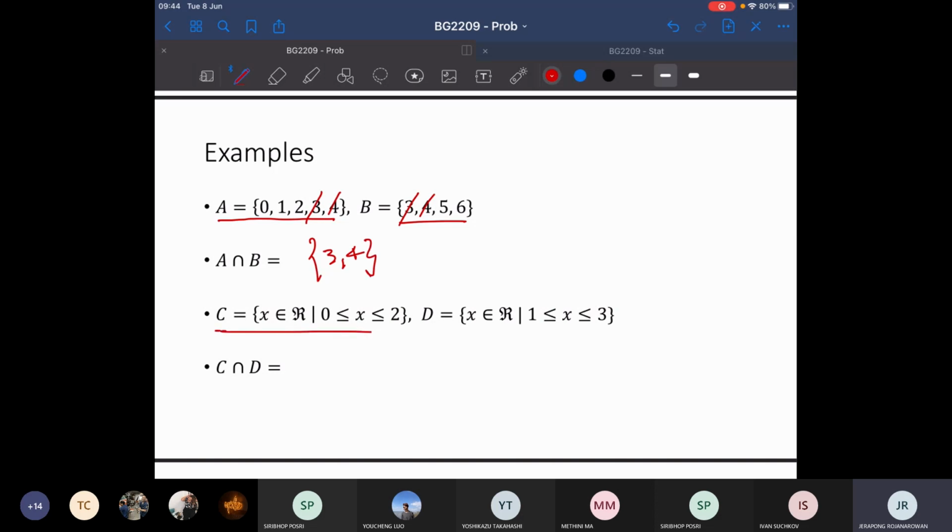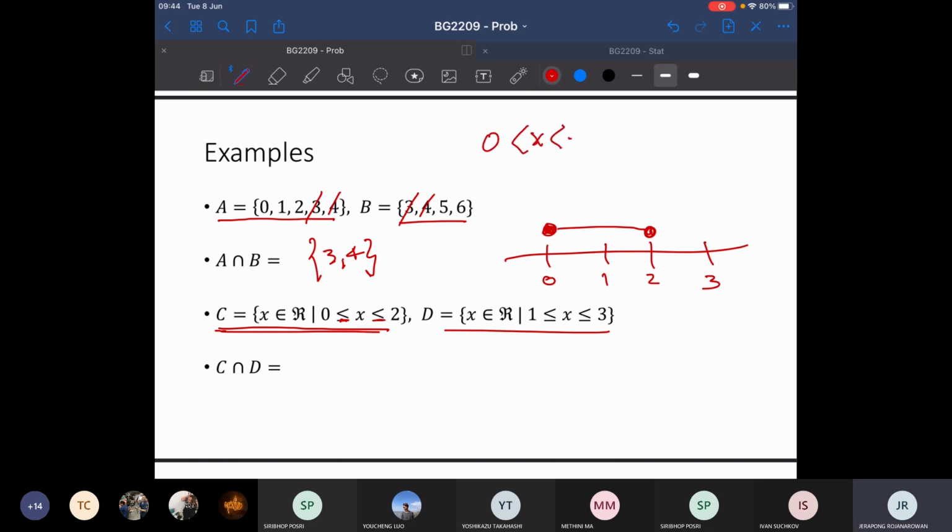But over here, it's going to be a little bit more difficult. Then you have to write down C and D. C is 0 to 2, right? 0, 1, 2, 3. 0 to 2, so we have it like this. Including the equal sign, so it's going to be a black dot. If it is like this, it's going to be a white dot.